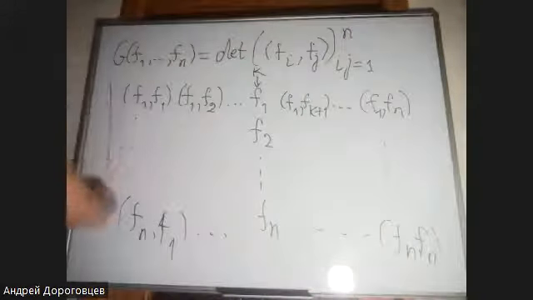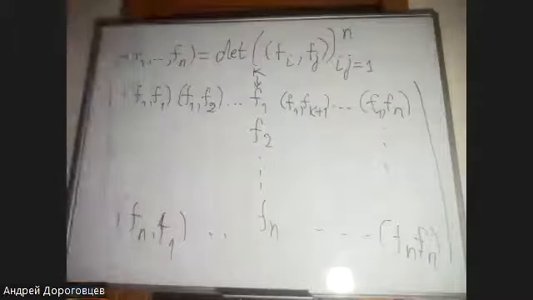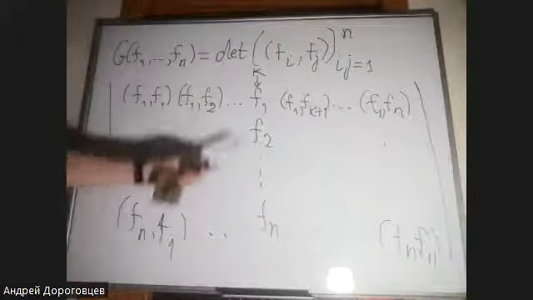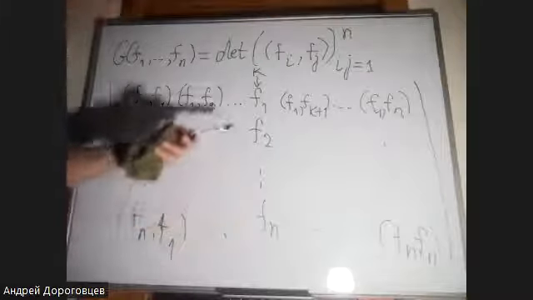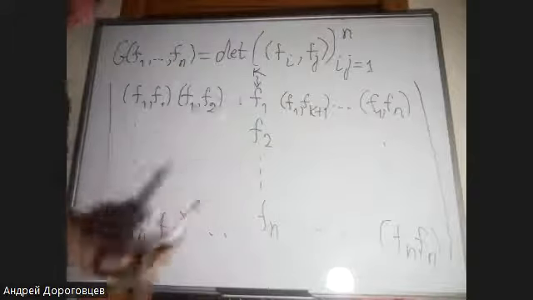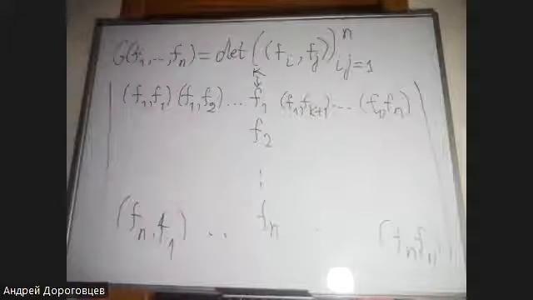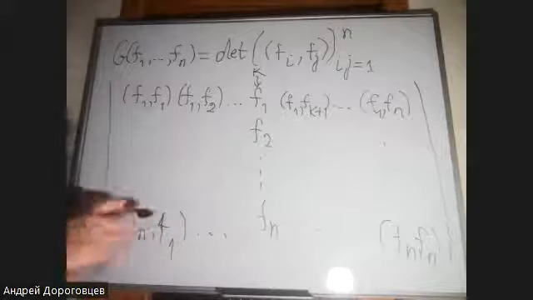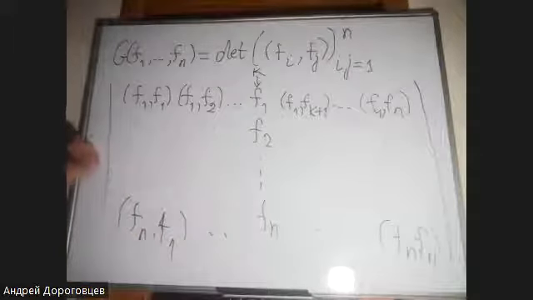Then such a determinant can be easily defined. We just put a vector instead of the number in the appropriate place, then we get a vector. And let me denote this vector by hk.